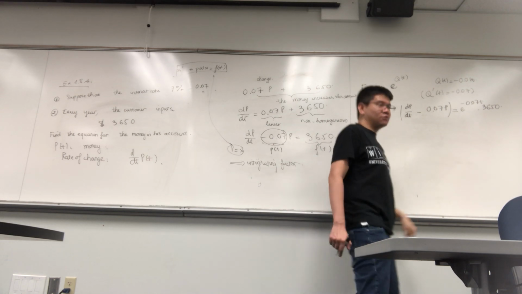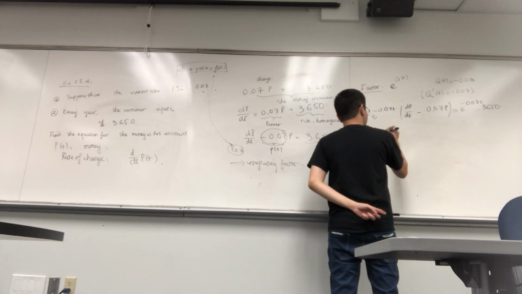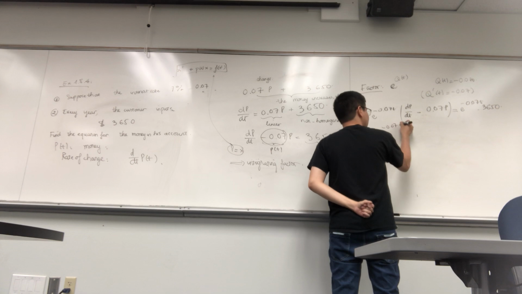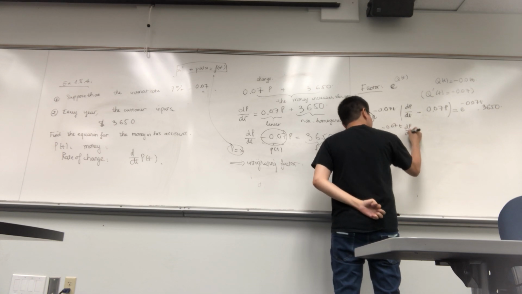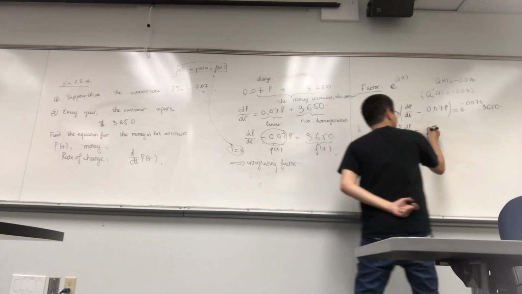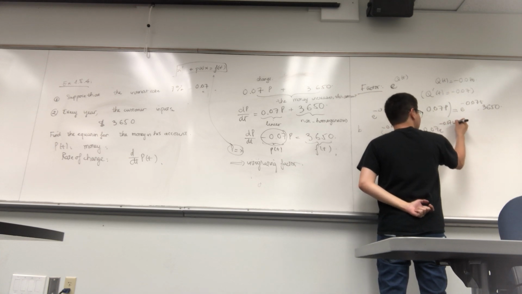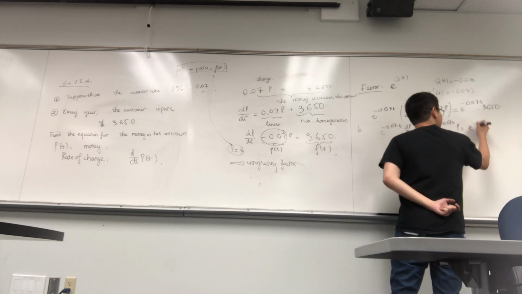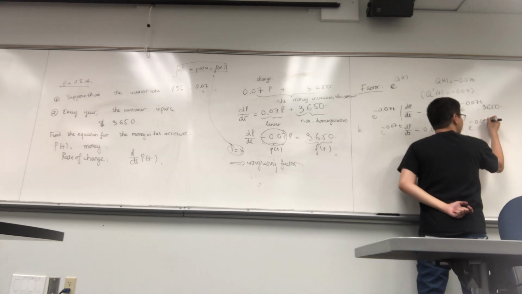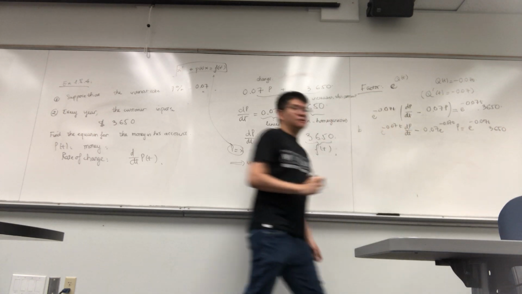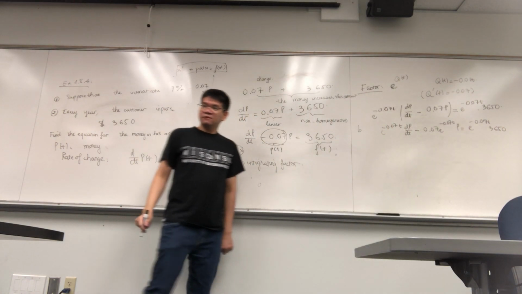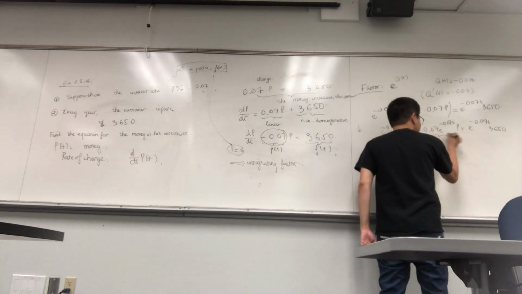So what I get is the following: e to the power minus 0.07t dP/dt minus 0.07 e to the minus 0.07t P, and this equals e to the minus 0.07t times 3650.